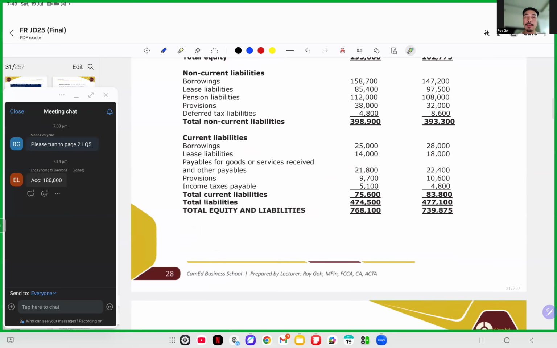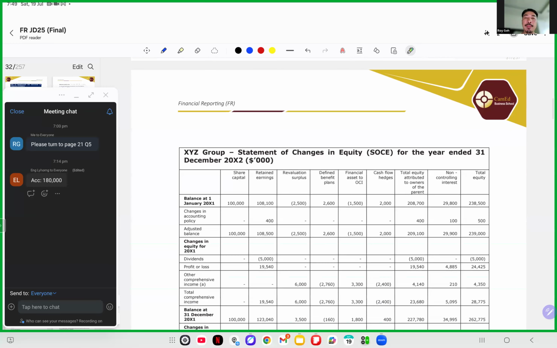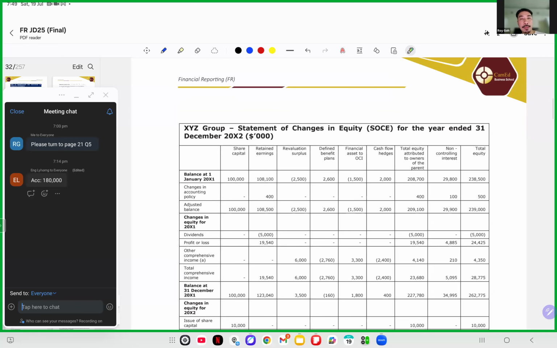All right, so now I'm on page number 29. The statement of changes in equity will report quite a few things. This is called retained earning. Revaluation reserve can also be called revaluation surplus or the word reserve.